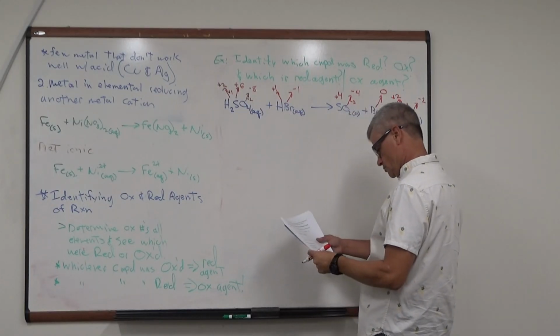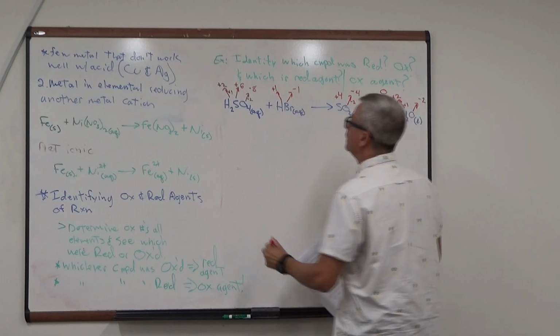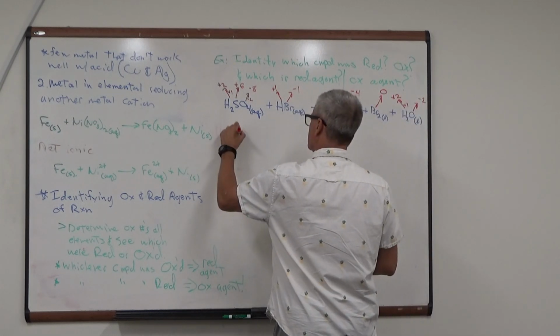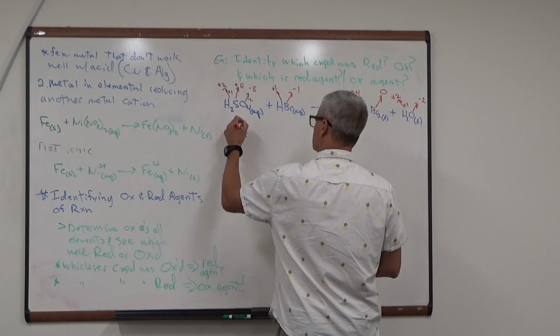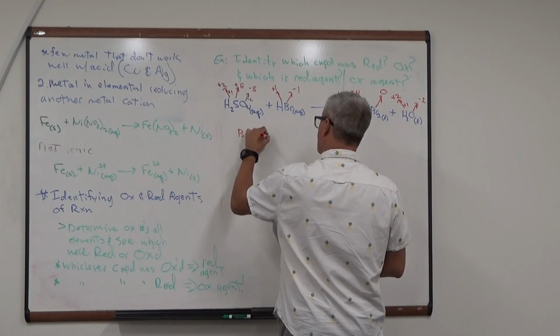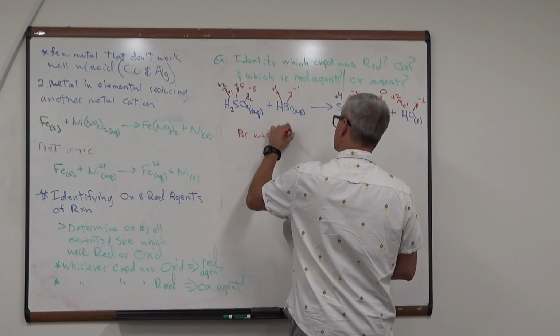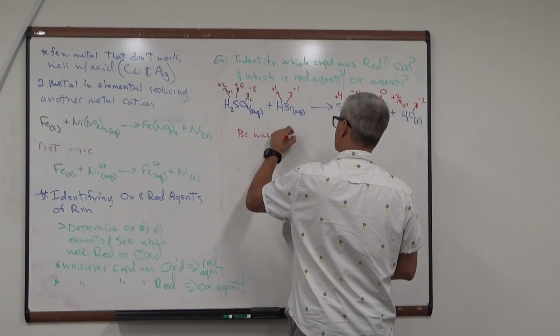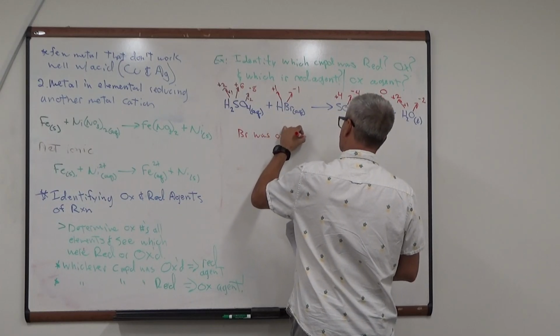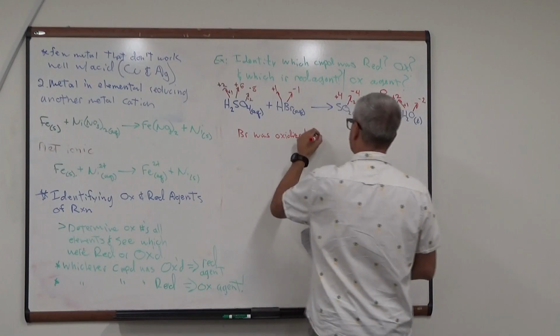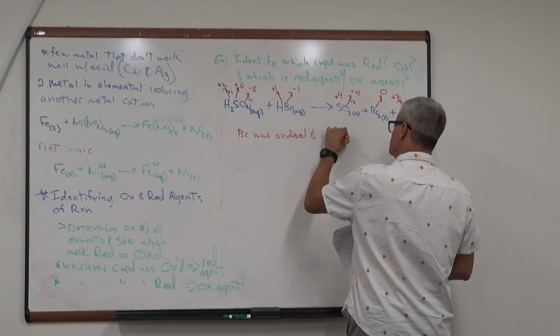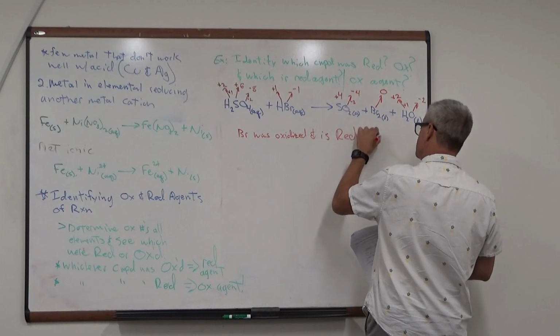Okay. So let's see. Bromine was oxidized and is the reducing agent.